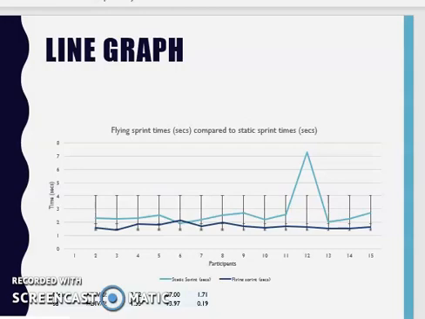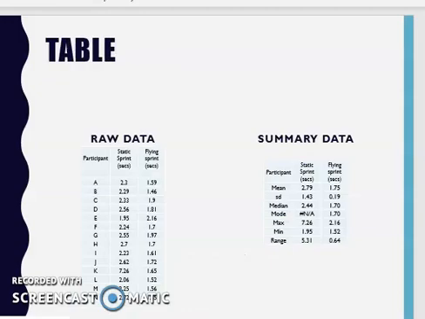In this case, each line will be a different colour and identified in the legend. Also, you can use standard deviation bars to show how far the deviation is from the mean and median.